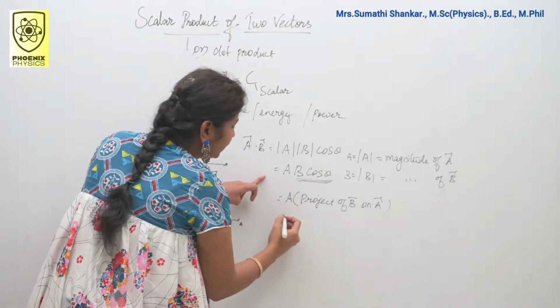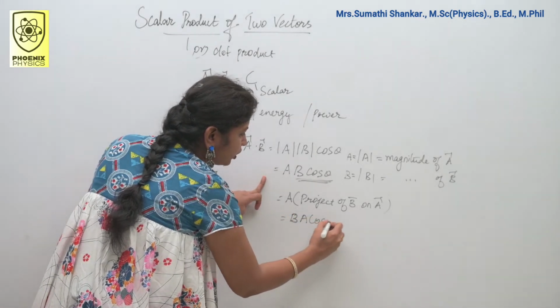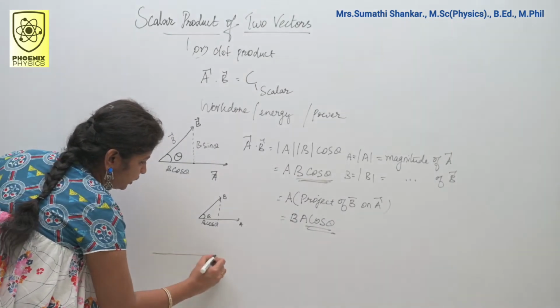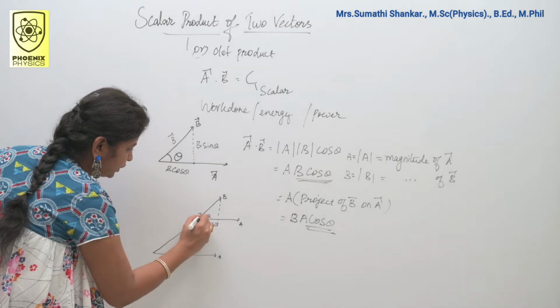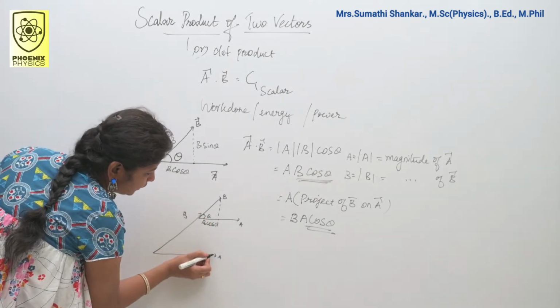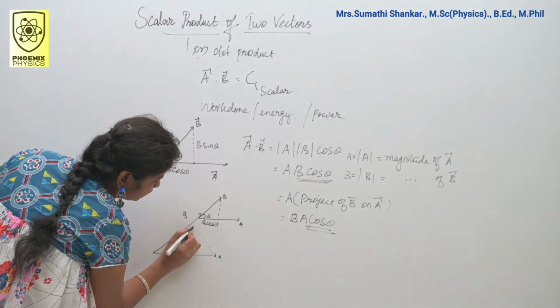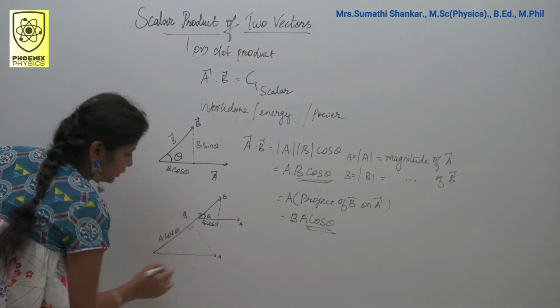We can write like this also, B A cos theta. What is this A cos theta? Like this. This is my A vector and this is my B vector. Draw the perpendicular line. This makes 90 degrees. So this is my A cos theta component.